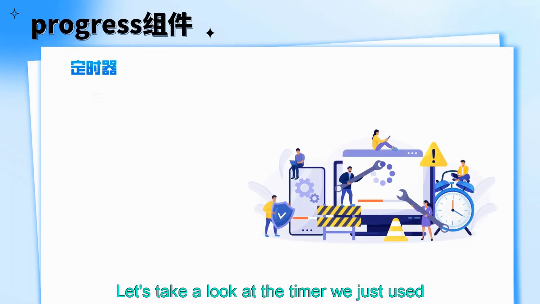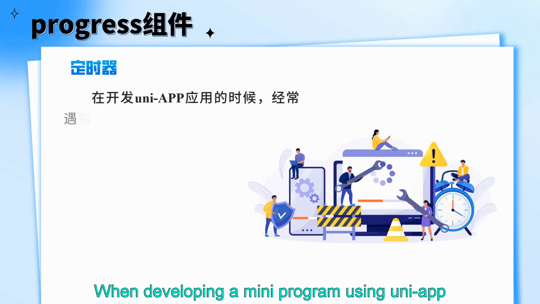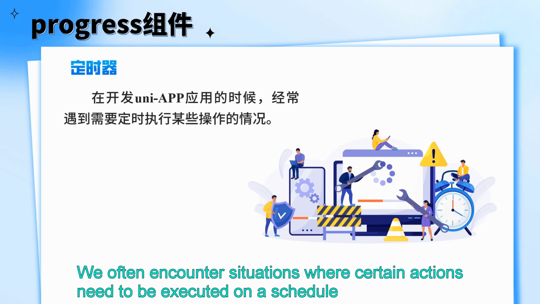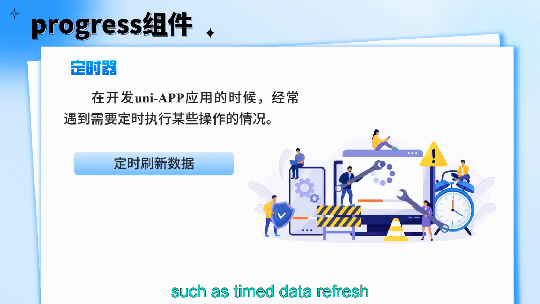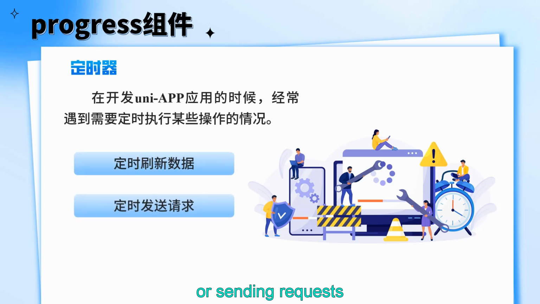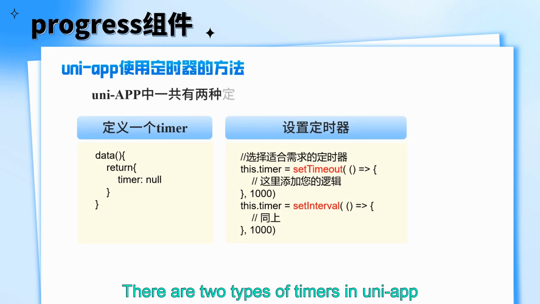Let's take a look at the timer we just used. When developing a mini program using UniApp, we often encounter situations where certain actions need to be executed on a schedule, such as timed data refresh or sending requests. This is when timers come in handy. There are two types of timers in UniApp.